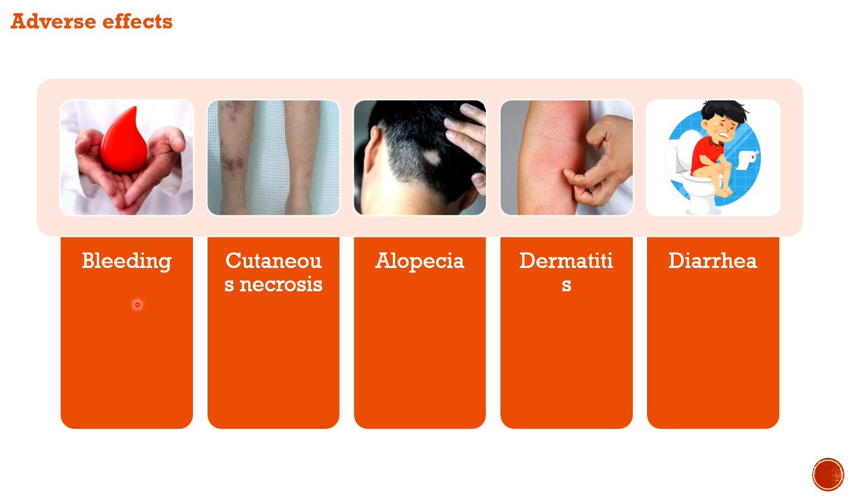So persons who have a bleeding disorder may have increased bleeding, and it also causes cutaneous necrosis, which is cell death. It causes alopecia, sudden hair loss, because it affects the hair follicles. In the picture you can observe a particular part of the hair has fallen down, because it affects the hair follicles.